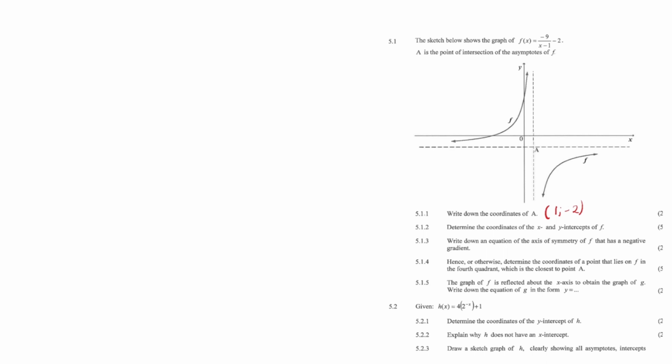So in order to find the axis of symmetry that has a positive gradient, we have y equal to x plus c. We use that formula. And for an axis of symmetry that has a negative gradient, the formula we use for that one is y equal to minus x plus c.